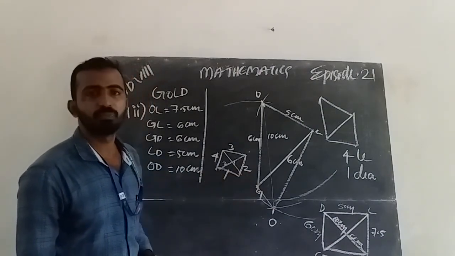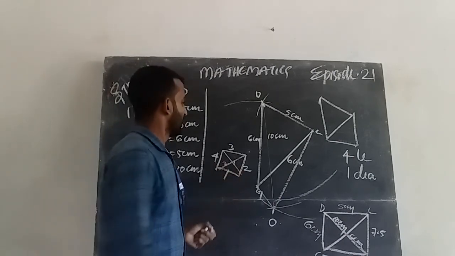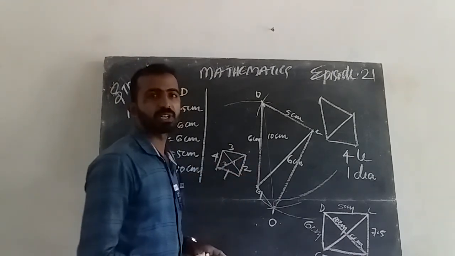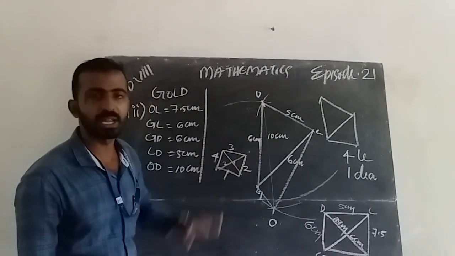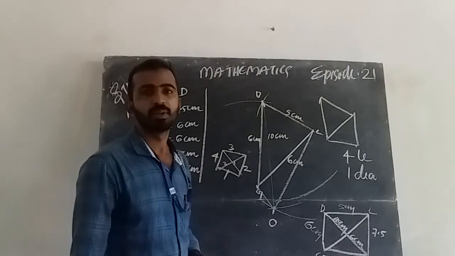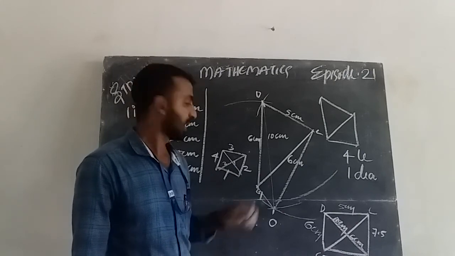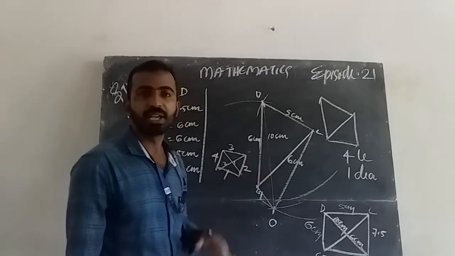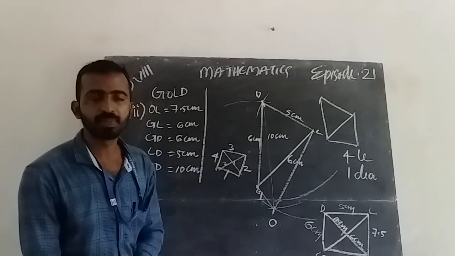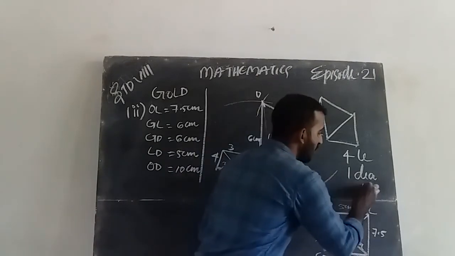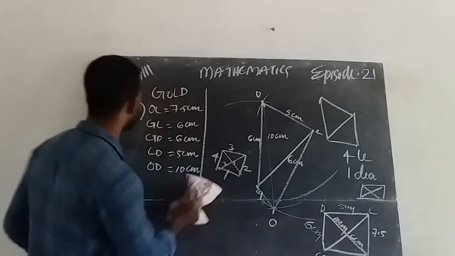Second portion is we studied the drawing with three side lengths or measurements and two diagonals. Three sides, 1, 2, 3. We have only three side lengths given, and two diagonal lengths are given. Here also we first sketch a rough figure, and we denote the measurements.